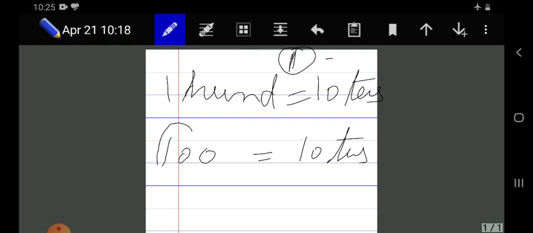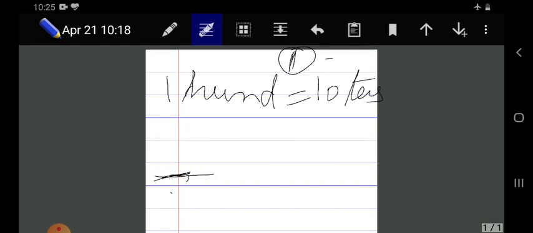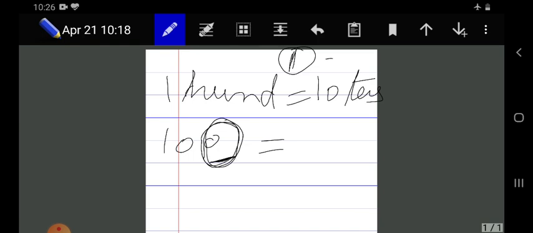If we separate this one zero from 100, what will remain? 10.